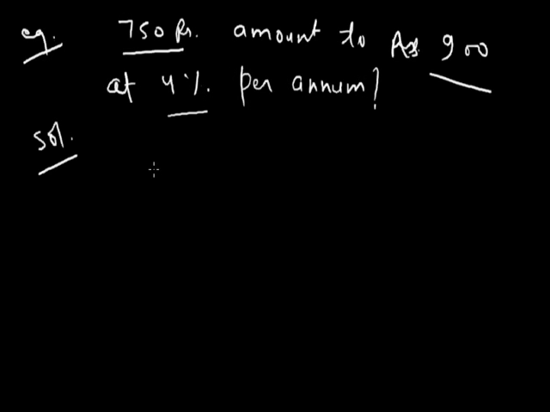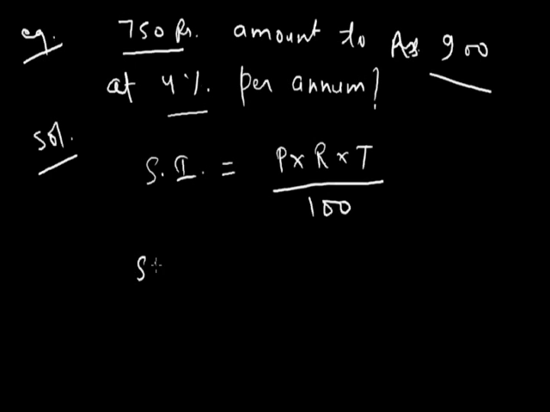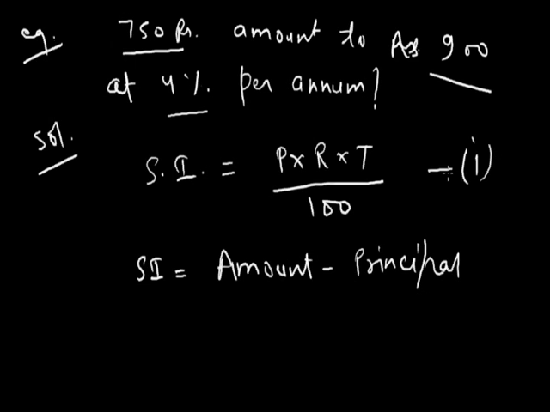As we know, according to the formula, simple interest is equal to principal multiplied by rate multiplied by time divided by 100. And also we know that simple interest is equal to amount minus principal. So in equation 1, on the left hand side we can put the numerical value of simple interest using equation 2.